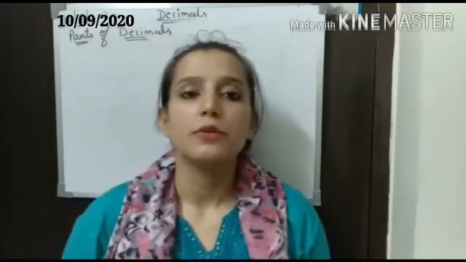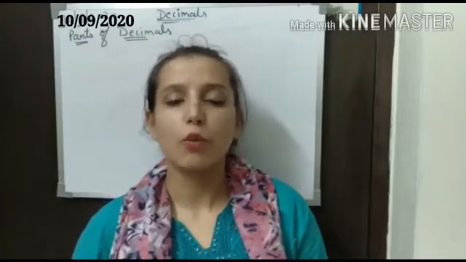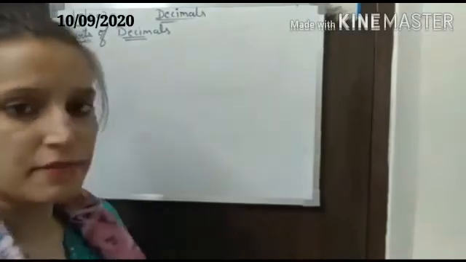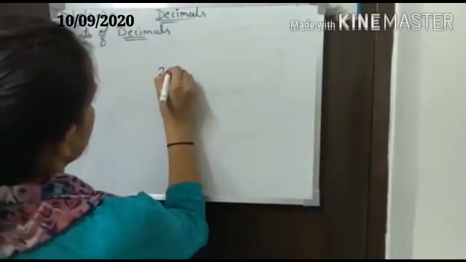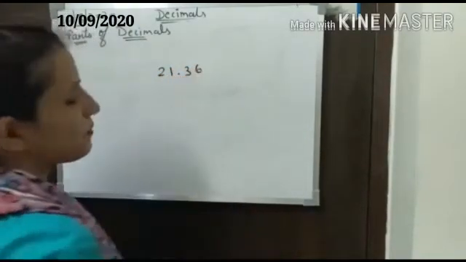Okay, so a decimal number has two parts. Let us see what these parts are. For that, I am taking a random decimal number. Let's suppose I am taking 21.36.